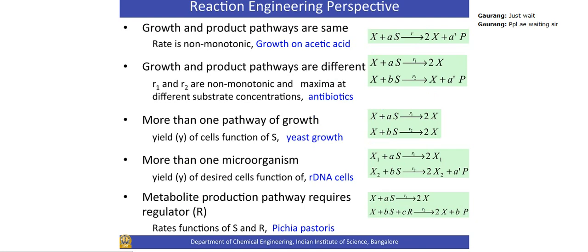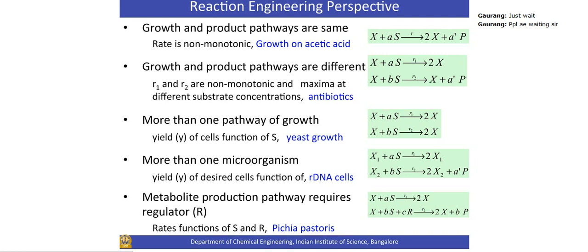Now, if we were to look at it from a purely reaction engineering perspective, we can actually write simple reactions where, for example, there are several of them. I will just go through a few of them. So let's say that we have growth and product coming from the same pathway.